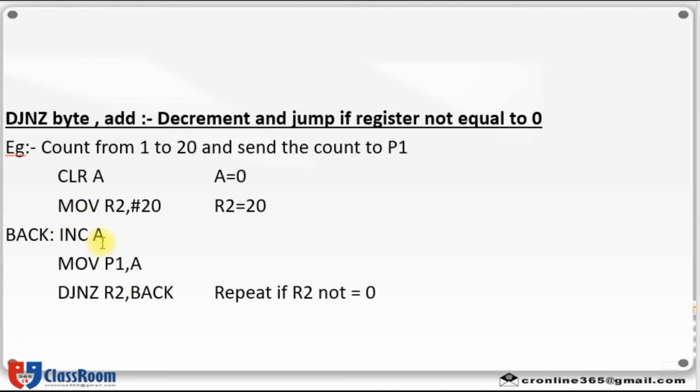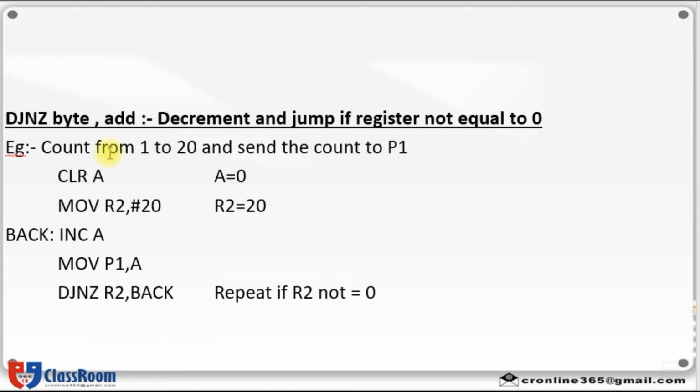Then increment A, 2 becomes 3. Then this 3 value is transferred to port 1 and so on. Until this R2 value becomes 0, this instruction is executed. If R2 value becomes 0, this process ends and it will jump to the next instruction if there is.